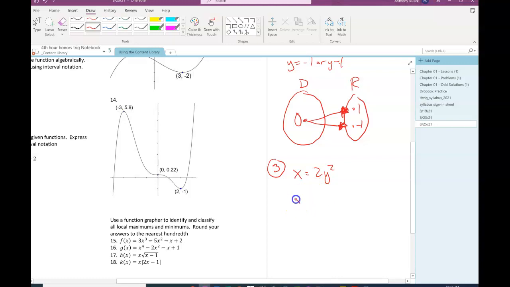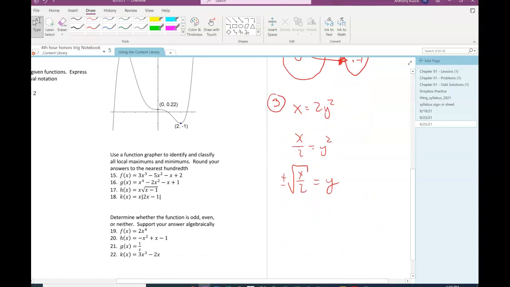So I divide by 2, and then square root both sides. Remember, when I square root both sides of an equation, it generates a plus or minus. And then you could try to graph this, but putting a plus or minus in your calculator is kind of a problem.